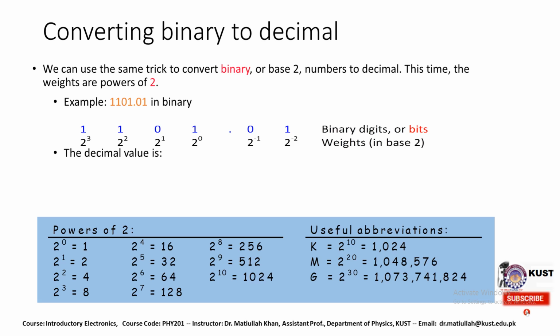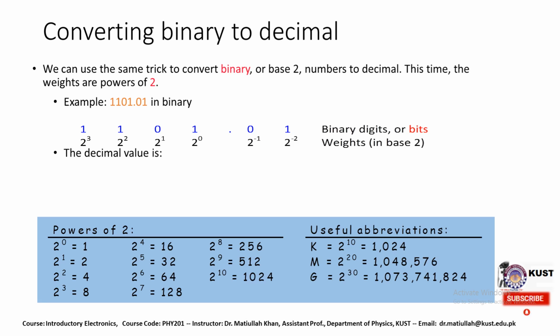The values beyond the point have negative powers, just like 2 power minus 2, 2 power minus 1, and then 2 power 0, 2 power 1, 2 power 2 and 2 power 3, and then we can simply add up those values, and from this addition we get the decimal value.